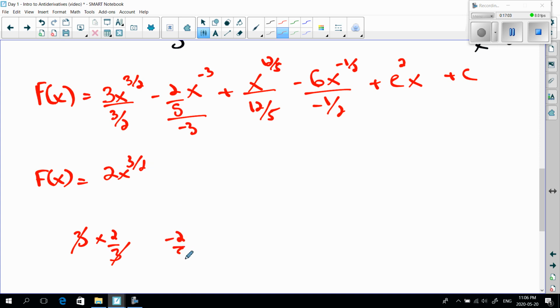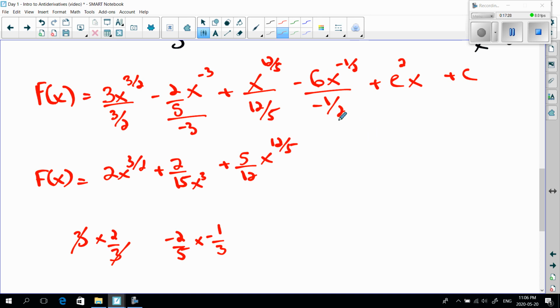Negative 2/5 divided by negative 3 would be like multiplying by negative 1/3. That would give you positive 2/15. And the x to the negative 3, well, that'll go down with the 15. 1 divided by 12 over 5 is like saying 1 times 5 over 12. Gives you 5 over 12, x to the 12/5.